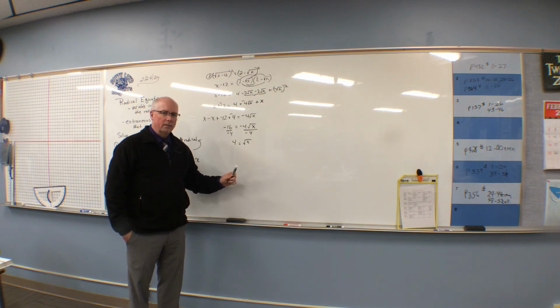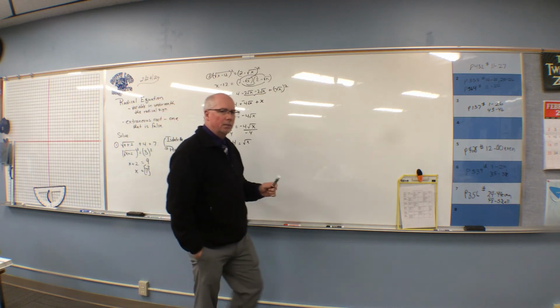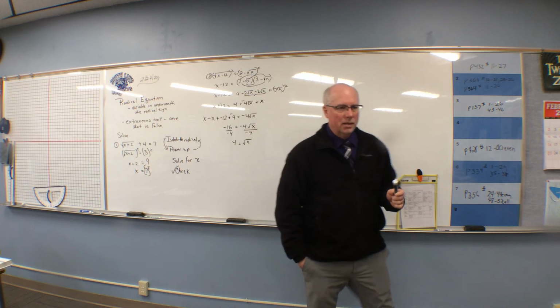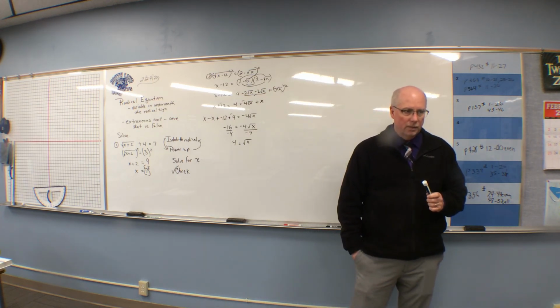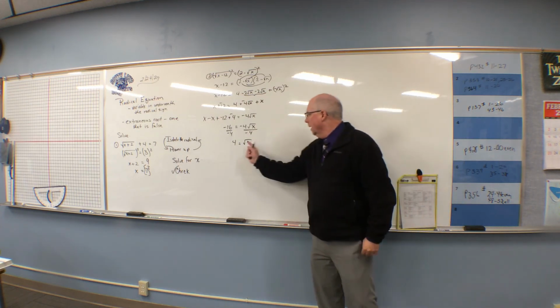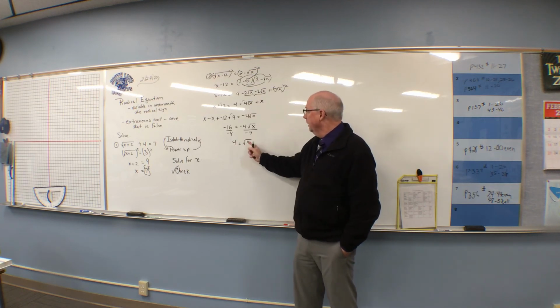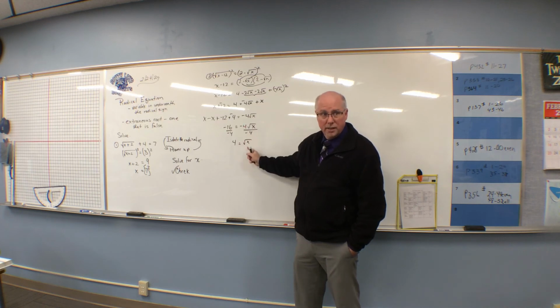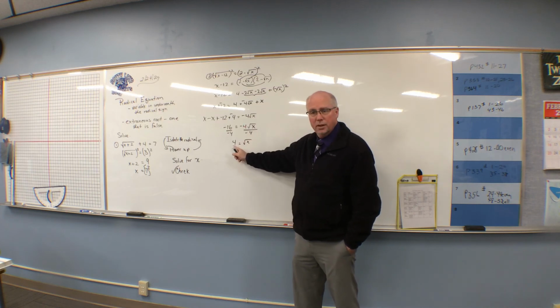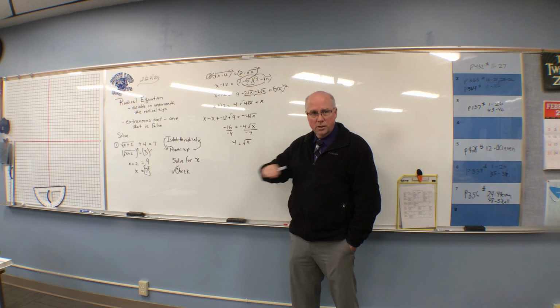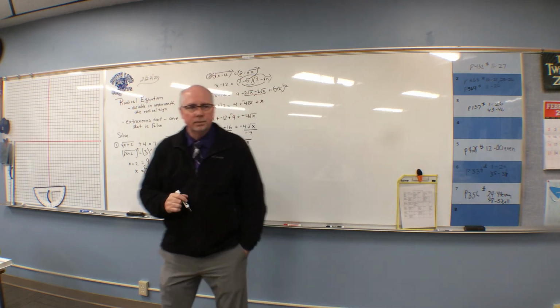Right there and then, because you cannot take the square root of a number and get a negative number. It's not possible. Okay? I'll say that again. If you ever isolate it completely, so there's not a number in front of it, and you have a number on the other side that's negative, it's no solution. You can stop there. Okay?